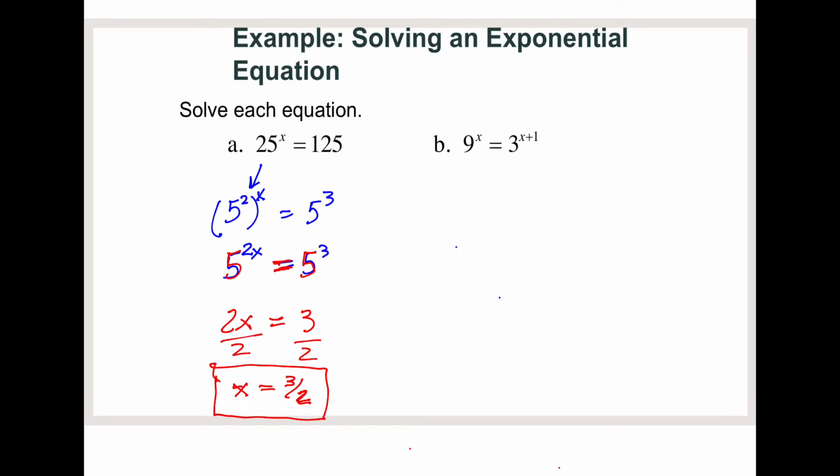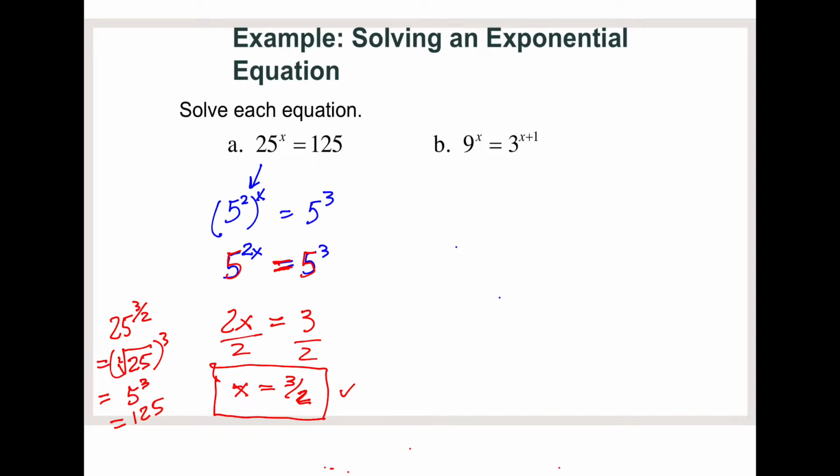We can kind of try that out here. 25 to the 3 halves. Remember that the denominator would be a root, so this would be the square root of 25 because of the 2, and then we raise that to the third power, the numerator of the fractional exponent. The square root of 25 is 5, and 5 to the third is 125. So we can see that 3 halves is the solution to this equation.